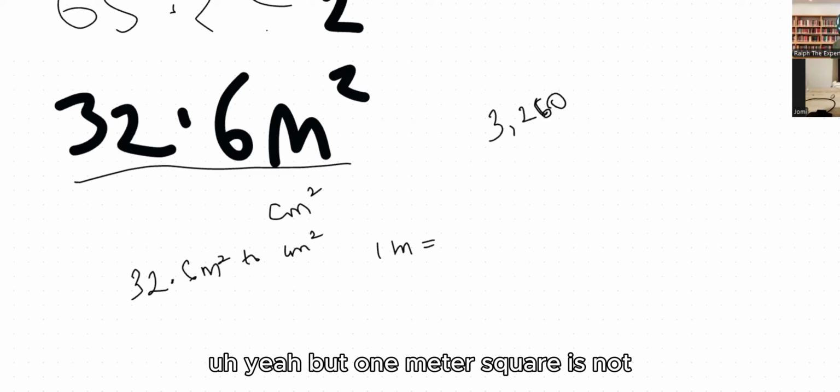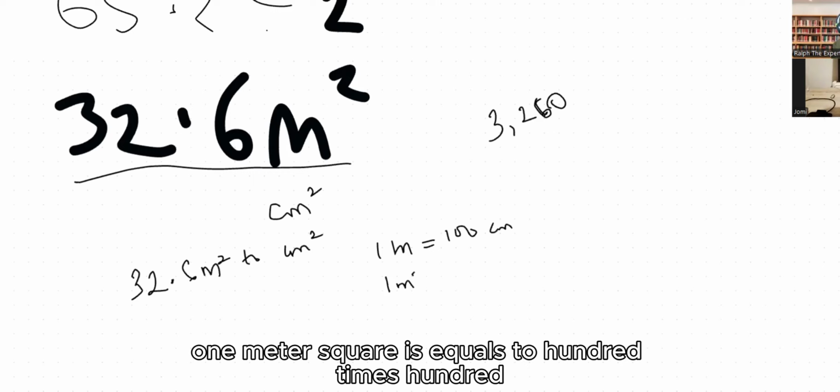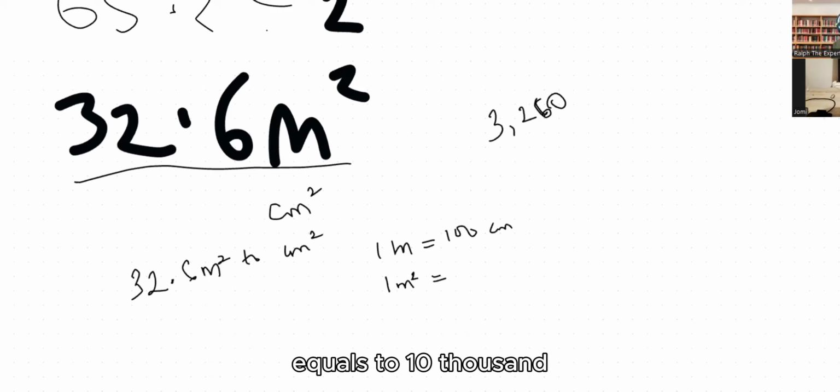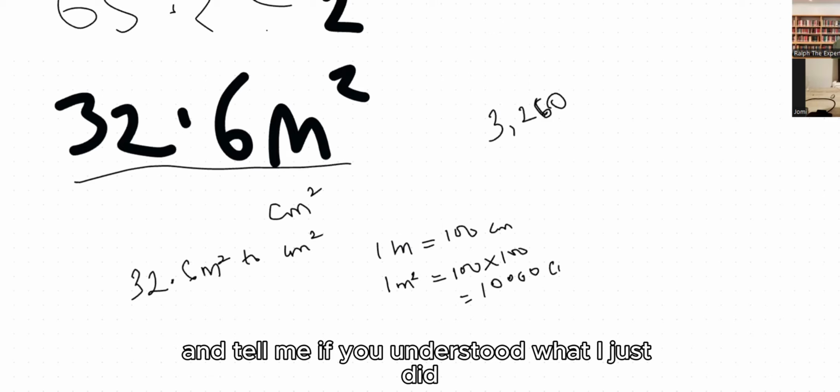But 1 meter square is not equal to 100 centimeters square. 1 meter square is equal to 100 times 100, equals 10,000 centimeters square. First of all, look at that and tell me if you understood what I just did.